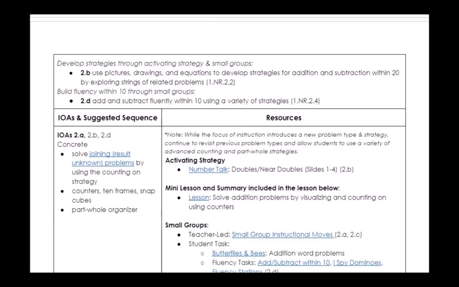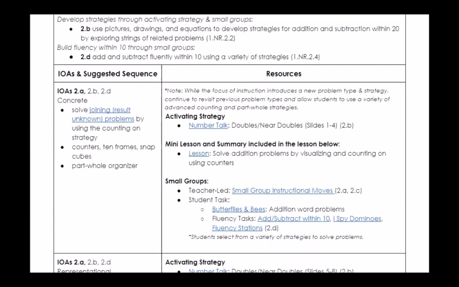You're going to also notice that for your activating strategy, IOA 2B is listed right here with that. And that's because these activating strategies have been intentionally selected and paced, so they're going to build on each other. So it's really important that you guys are following those and doing those daily in the order that they're intended to be done.